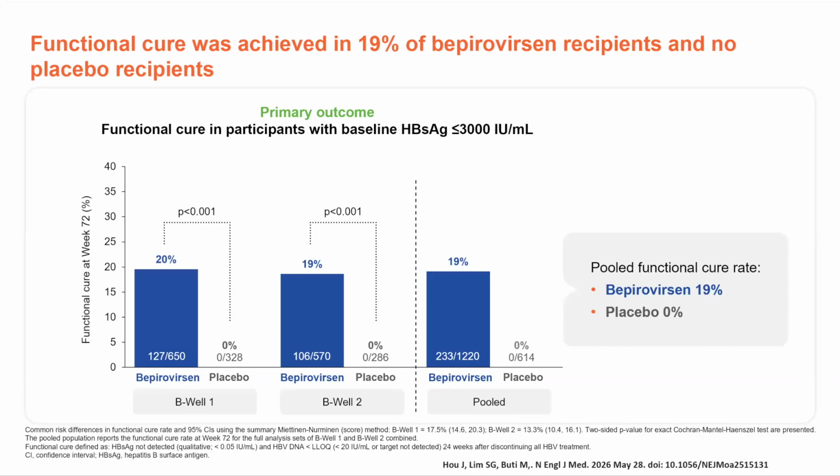This is the phase 3 study with bepirovirsen in HBeAg-positive and HBeAg-negative patients. These patients received treatment for 24 weeks, and after treatment, off treatment, in both studies, B-Well 1 and B-Well 2, which are two parallel studies with the same inclusion criteria, the rate of HBsAg loss was 9%.